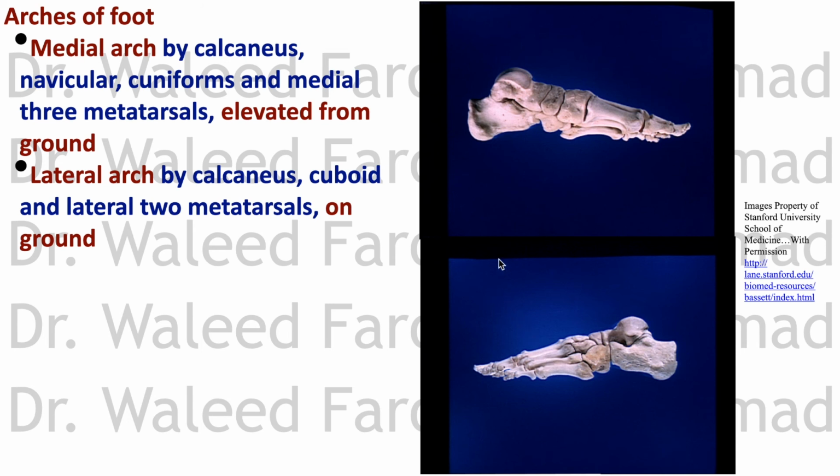To continue the support of the medial longitudinal arch, because the medial longitudinal arch involves the medial 3 metatarsals. So to continue the support for the arch, the flexor hallucis longus gives 2 slips to the tendons of flexor digitorum longus going to the second toe and the third toe. I hope you got that.